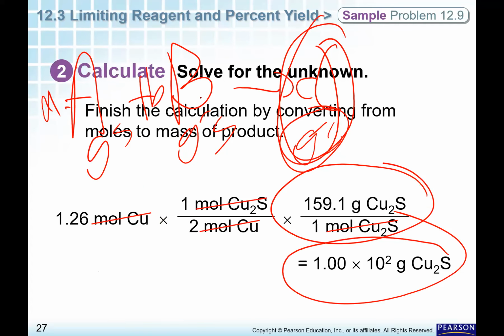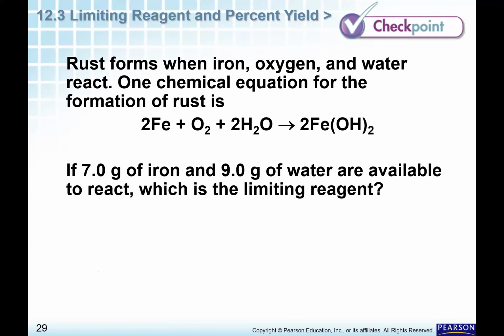Okay, let me see if we have one more example here. This is one more example, and this is good because this will show you one other way of doing it, which is the rusting reaction. The rusting reaction means the reaction of, I want you to read the question and focus on it.